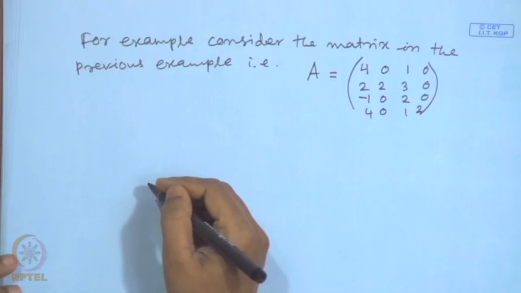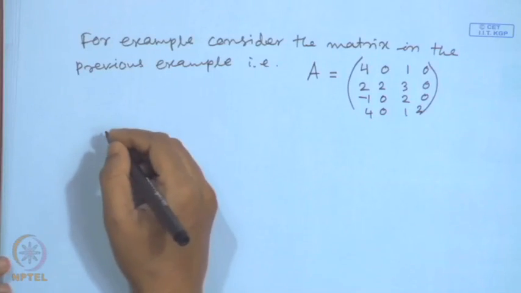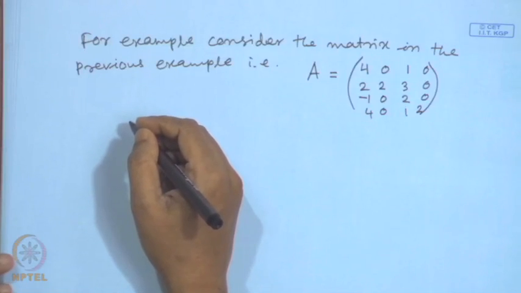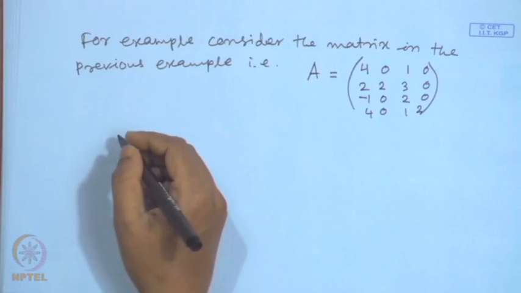So, for this matrix you recall that we have already got a canonical basis.